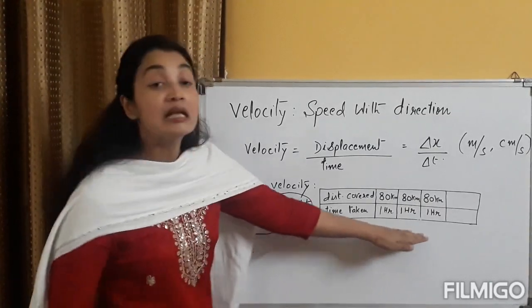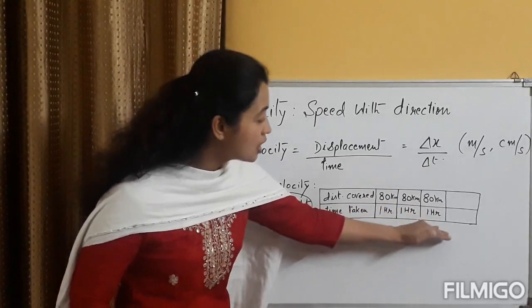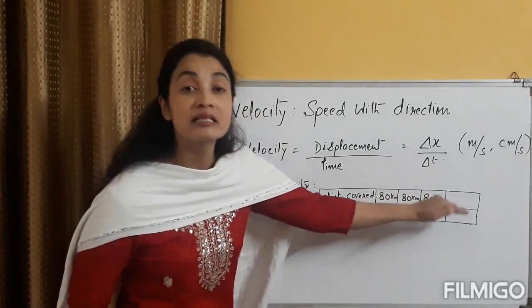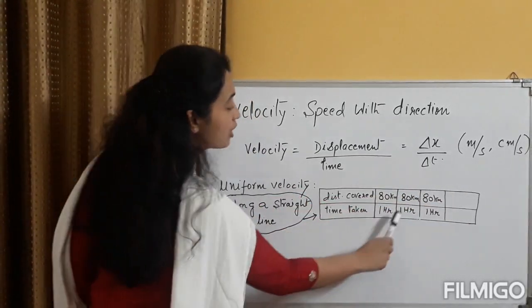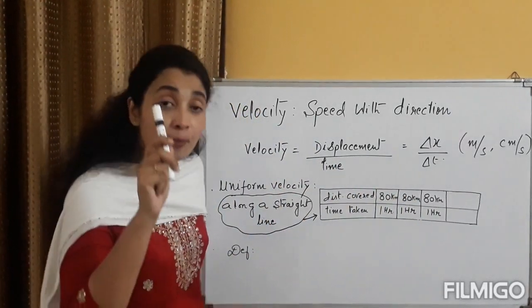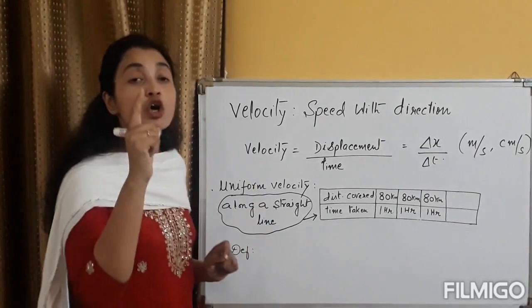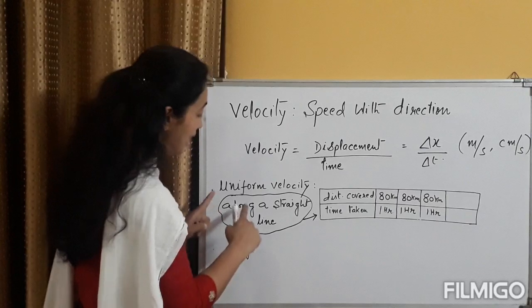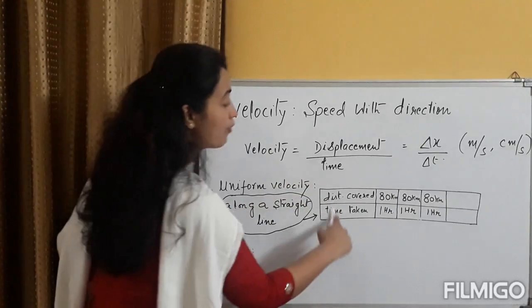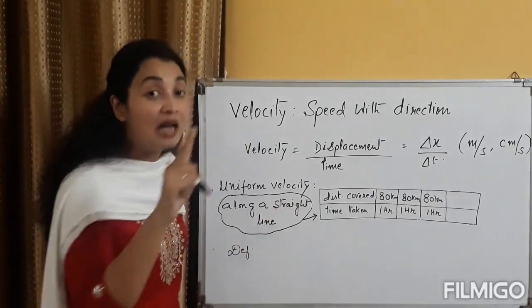So this part is similar, that there also we had equal time intervals and equal distances. Here also in every 1 hour equal distances are being covered. But the specific thing I want your attention on is that this type of motion is in a specific straight line.